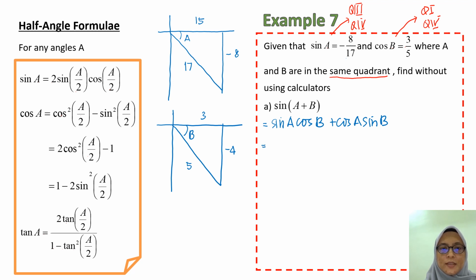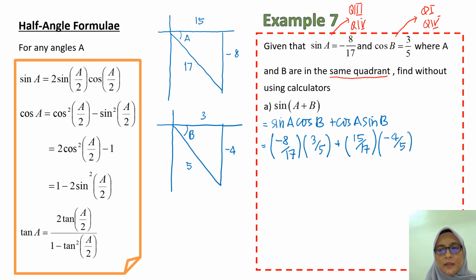Substitute the value for sin A is opposite is negative 8, hypotenuse is 17, cos B is adjacent is 3/5, plus cos A is adjacent over hypotenuse 15/17. So sin B is opposite over hypotenuse negative 4/5.